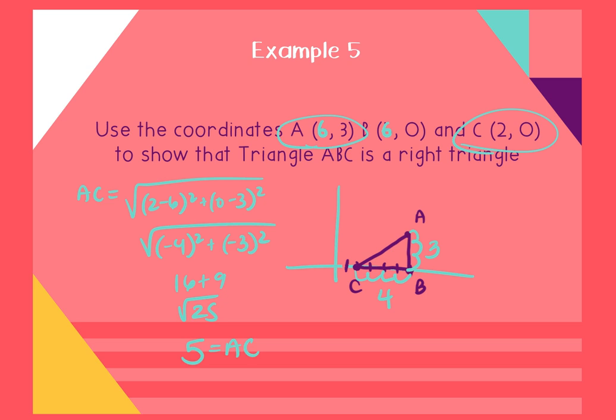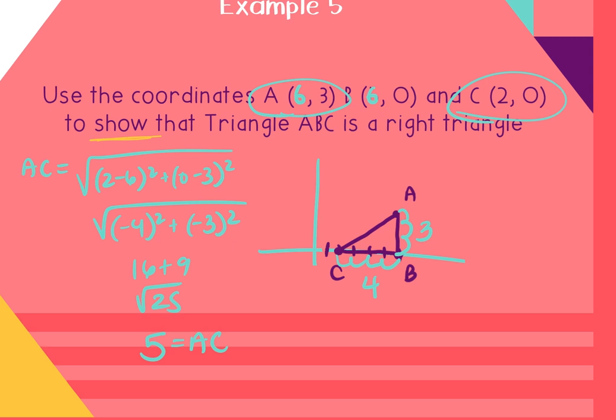If you remember your triples, then you remember that 3, 4, 5 is a triple. But the point here is to verify. So when it says show, we actually have to back it with the work. So we have to show that AB squared plus BC squared equals AC squared.